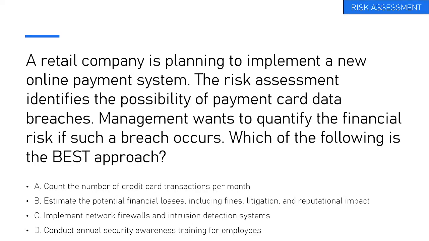So I don't think that's the right answer either. And D is conducting annual security awareness training for employees, which will not help to quantify the financial risk. So the right answer to this one, like we talked about, is estimating the potential financial losses, including fines, litigation, and reputational impact, which is B.